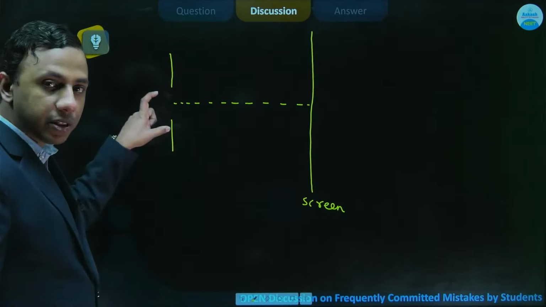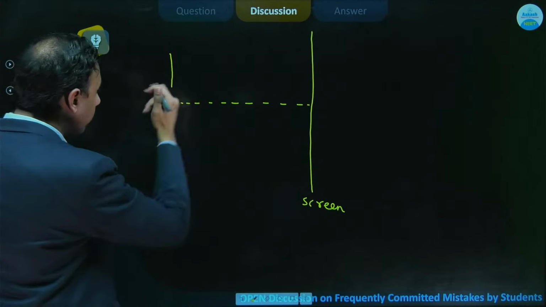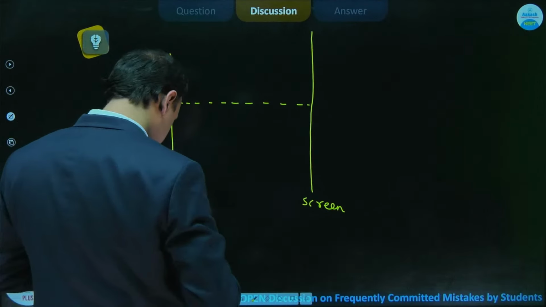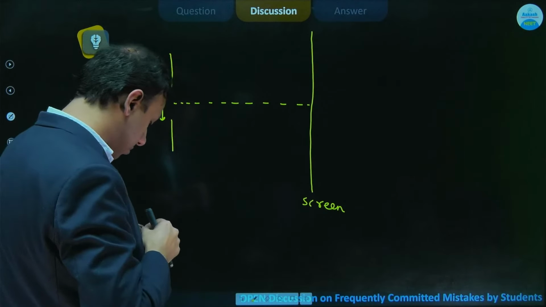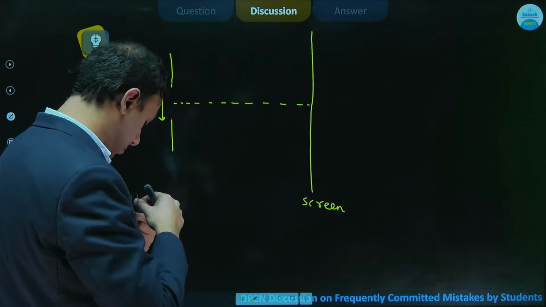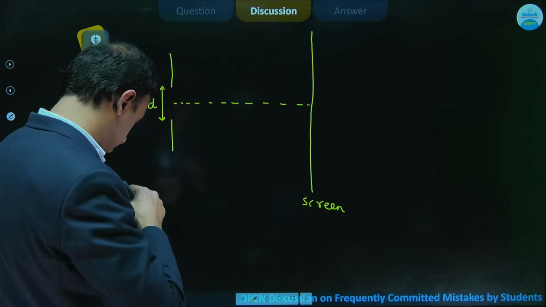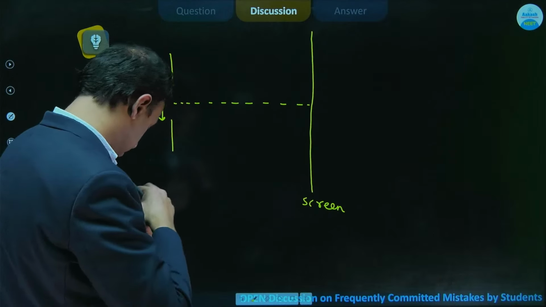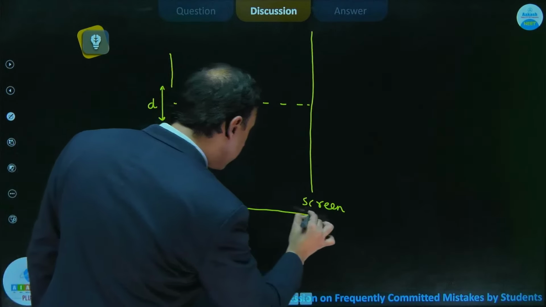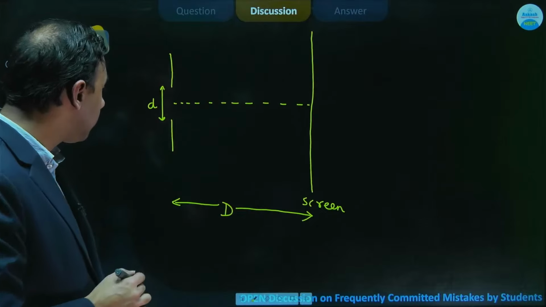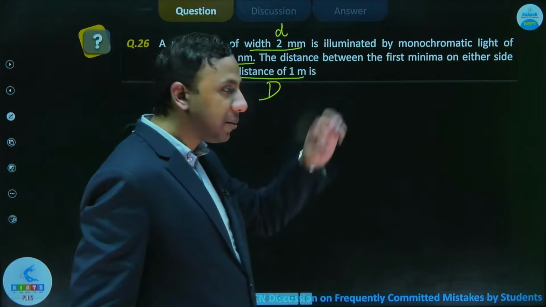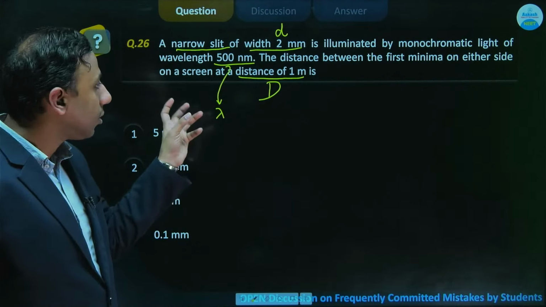Remember, this is your slit width, small d, that I am talking about. And then you have the distance of the screen from the slit, that is capital D, that's also given to you. The wavelength lambda is also given to you. The distance between the first minima on either side on a screen.